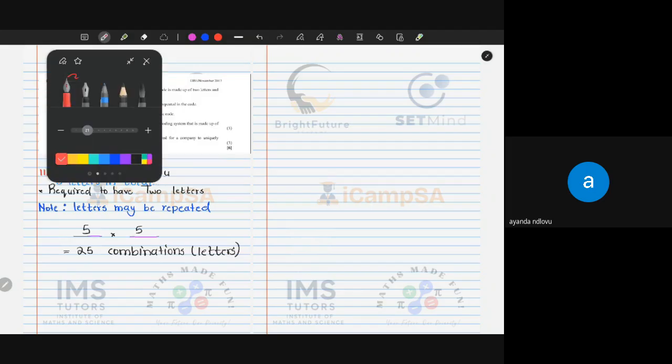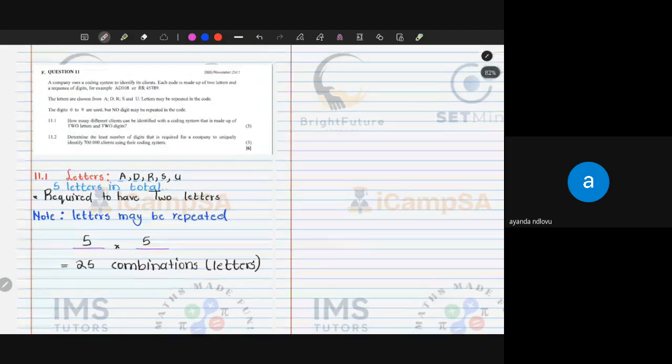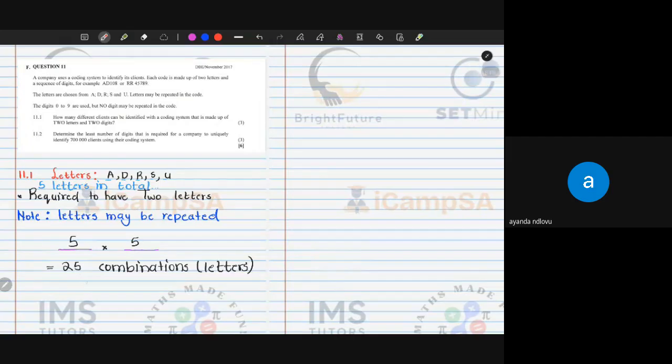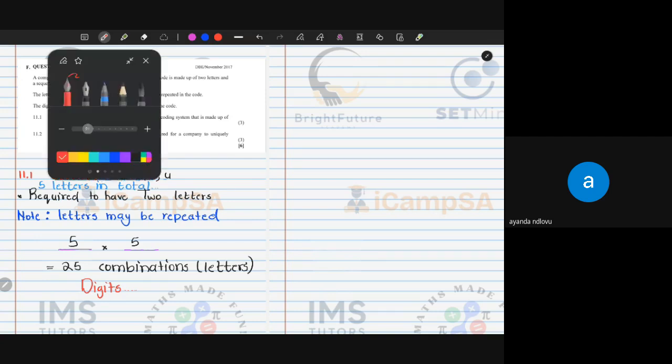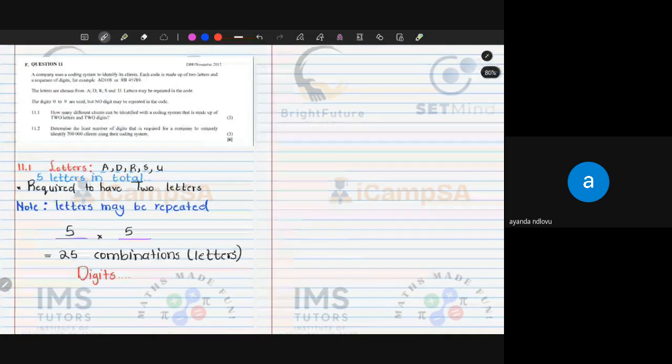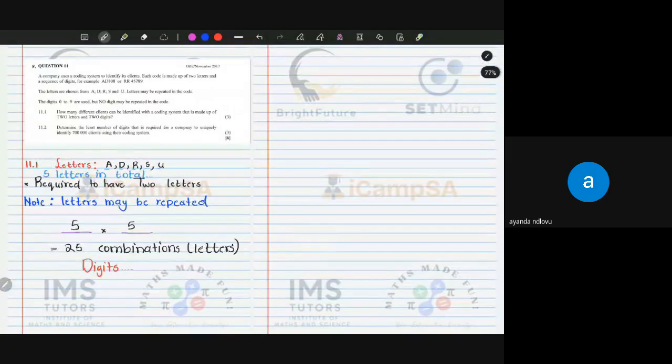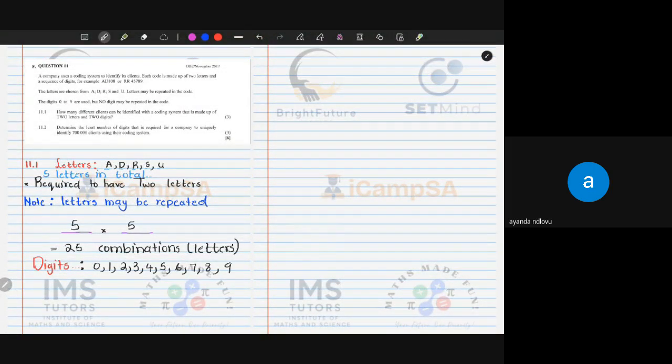Now, let's go to the numbers or the digits. So for the digits, we know that we have the numbers from 0 up to 9. So for digits, what we have is 0, 1, 2, 3, 4, 5, 6, 7, 8, and 9.